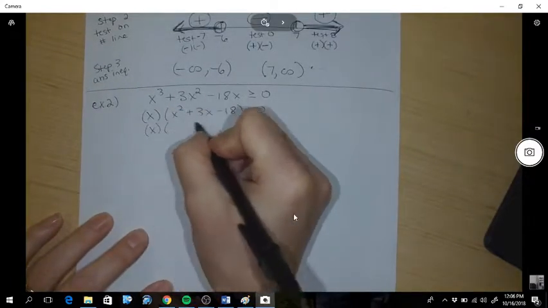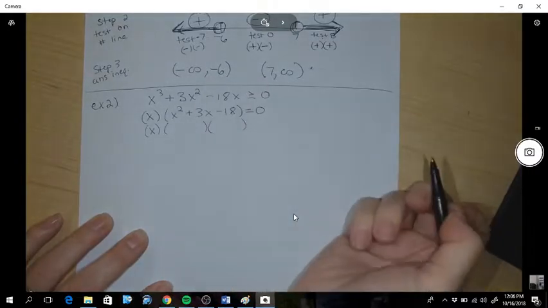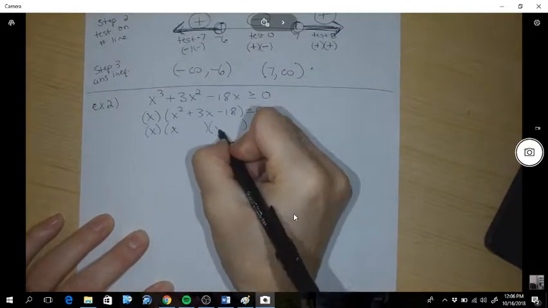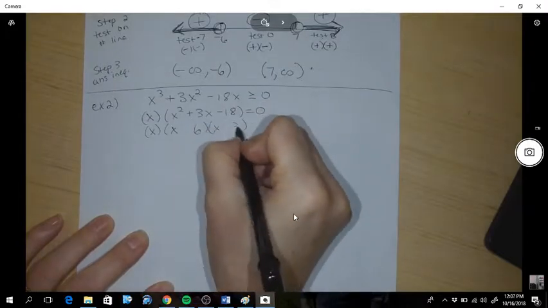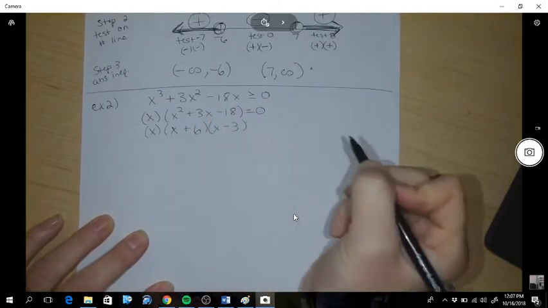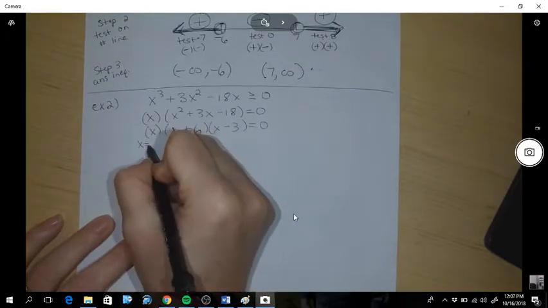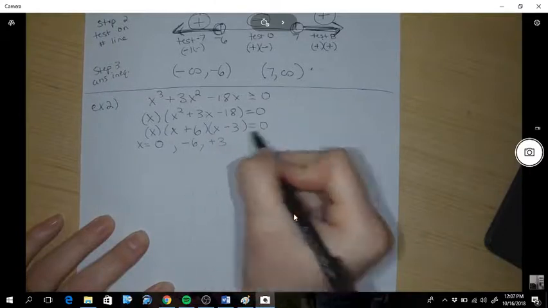So I keep factoring. This trinomial piece can break down into two binomials. So I'm going to get x at the fronts, and I'm going to use a 6 and a 3 to get me 18 and positive 3. Okay, so where is this going to equal 0? 0, negative 6, and positive 3.